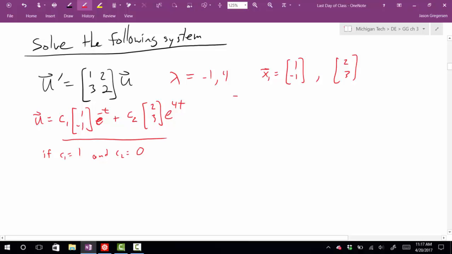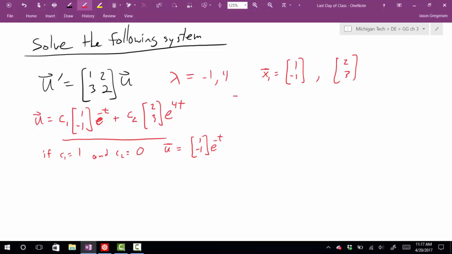Go ahead and write down this solution. C1 is 1, C2 is 0. What does your solution look like? I think it looks like that.